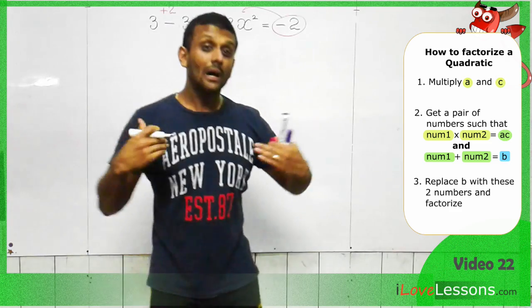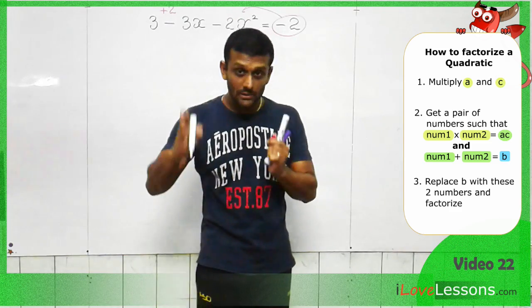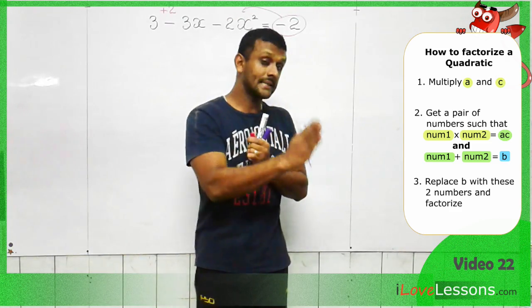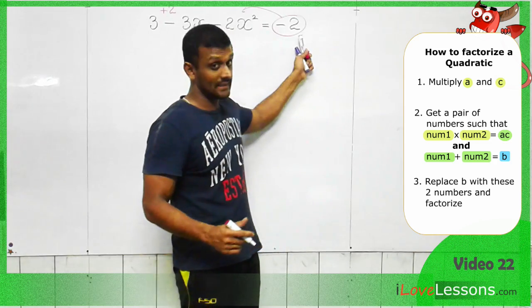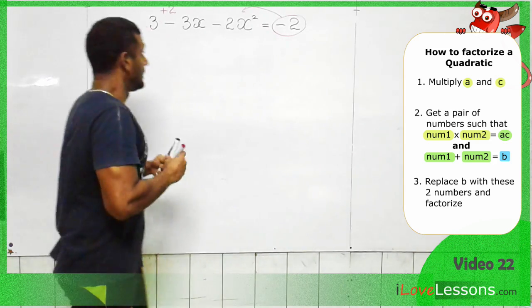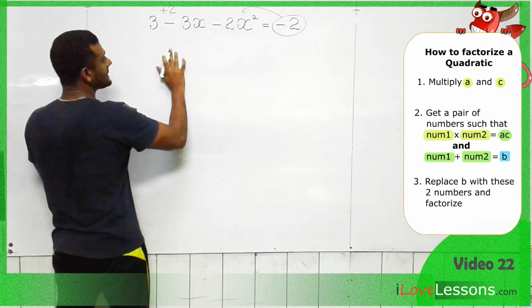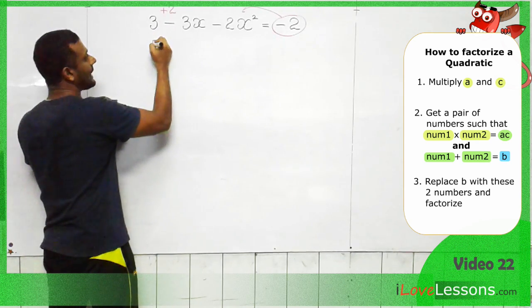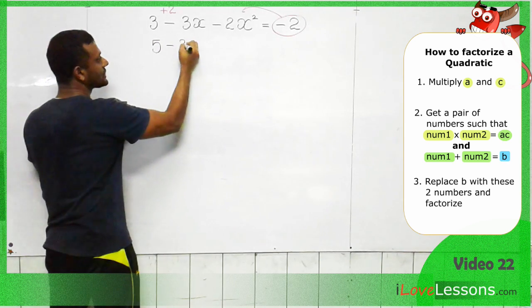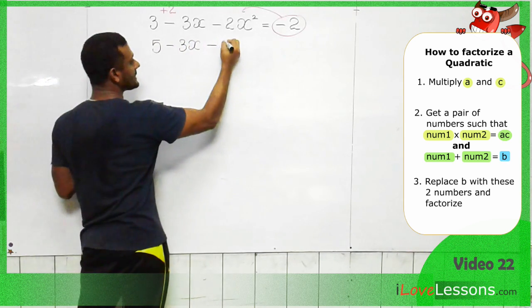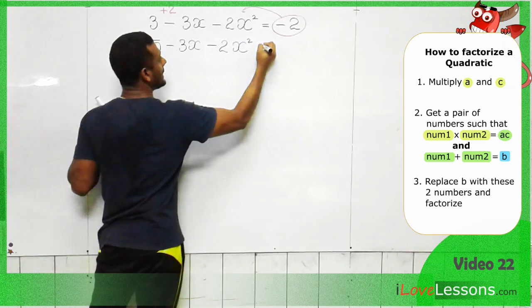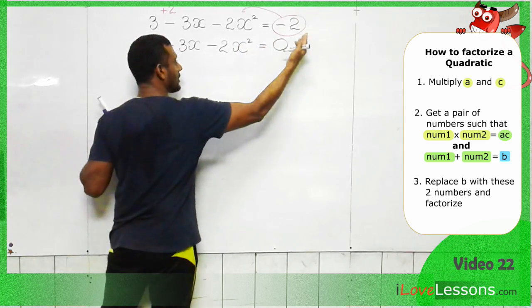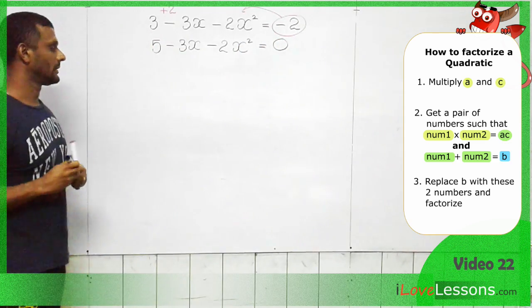Now, you are not allowed to pull out A, B, and C unless this side is equal to 0. So, let me summarize this first. Now, I have 3 plus 2 is 5. Minus 3x minus 2x squared is now equal to 0 because I got rid of the minus 2.